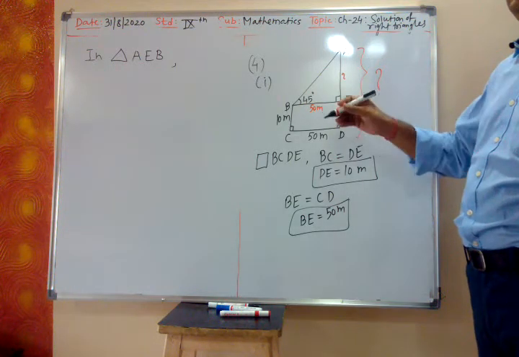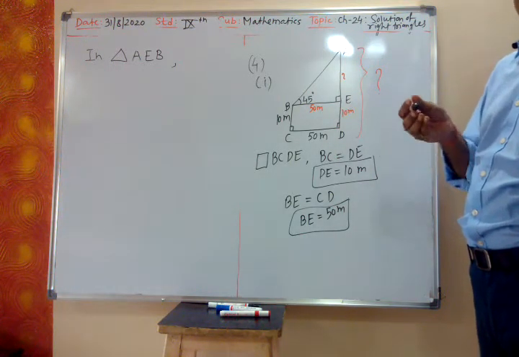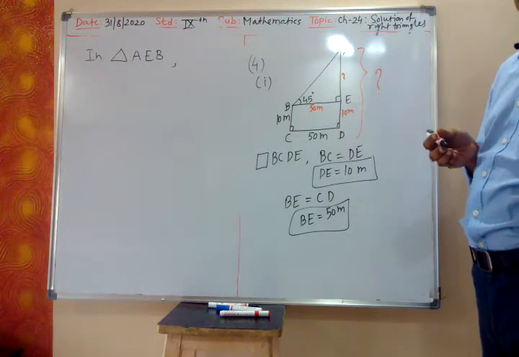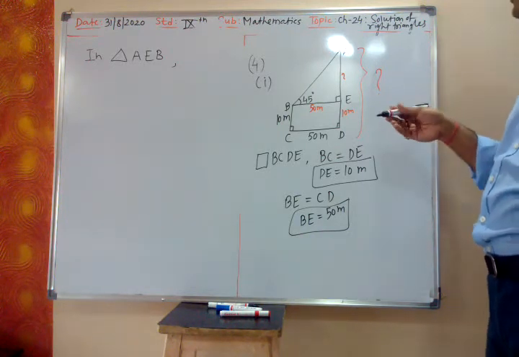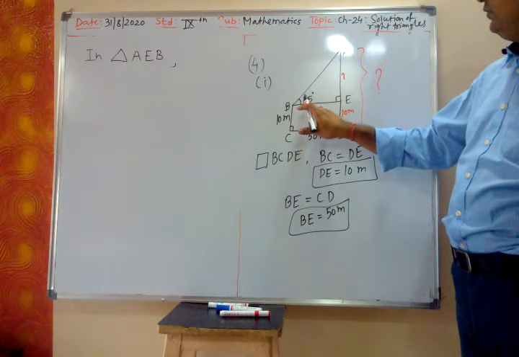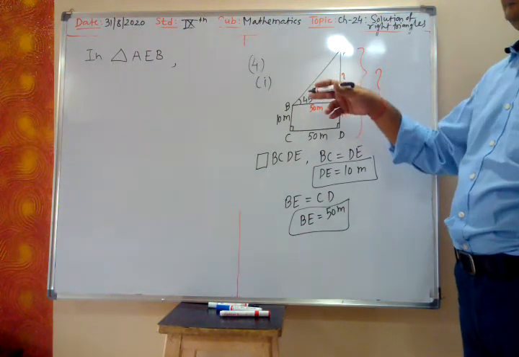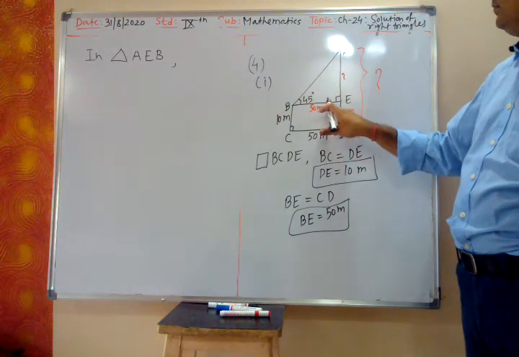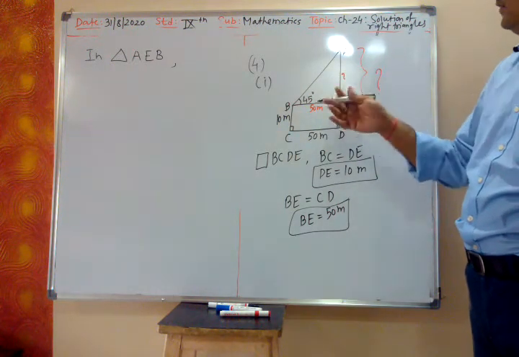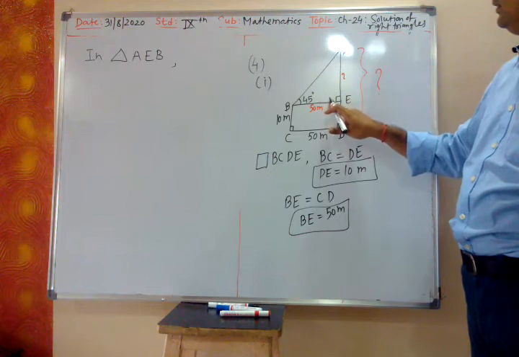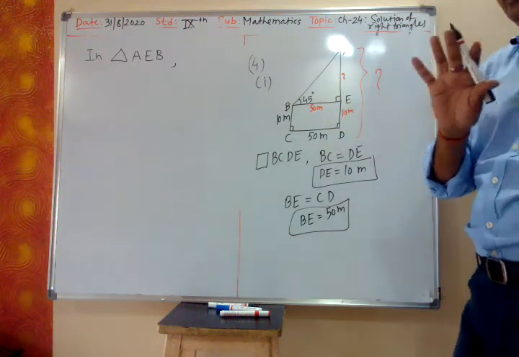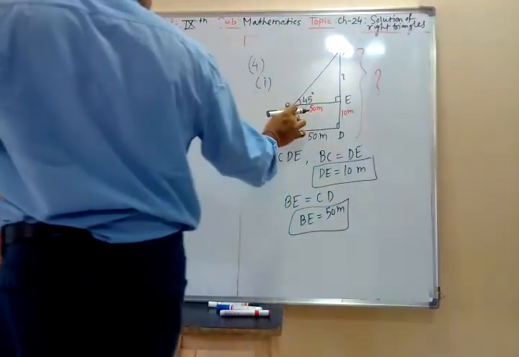Adjacent upon opposite, there is no formula. That will be cot. So if 45 degrees is given and you want to write adjacent upon opposite, then you have to write cot. No problem, you can write, the same answer will be there.